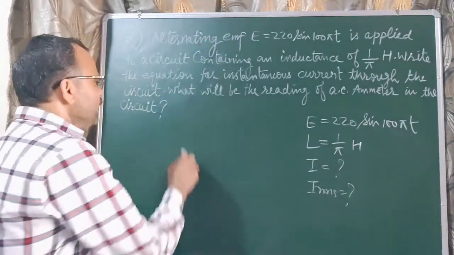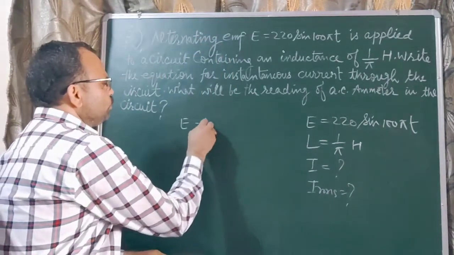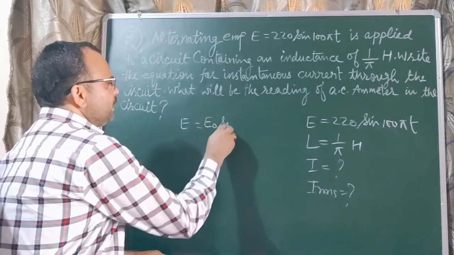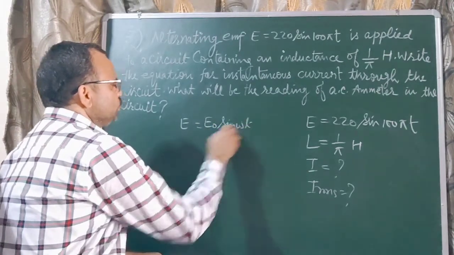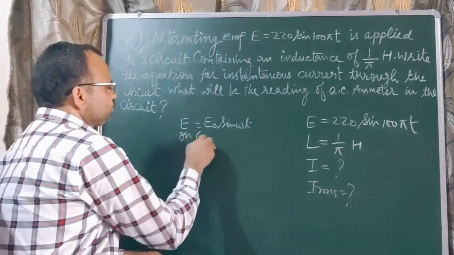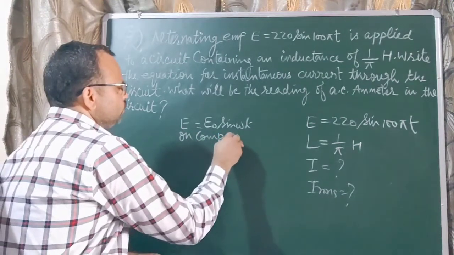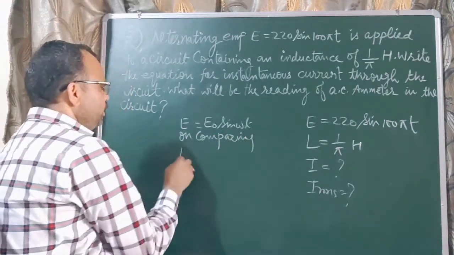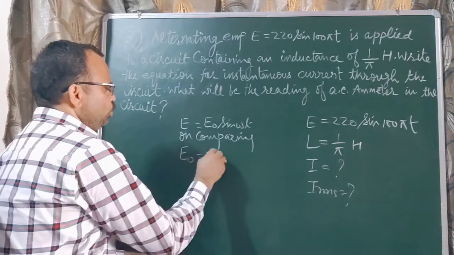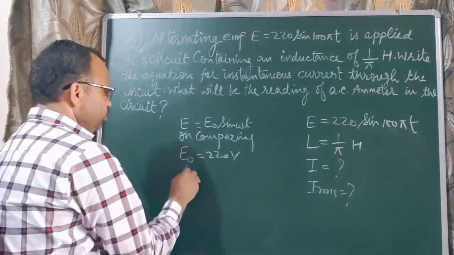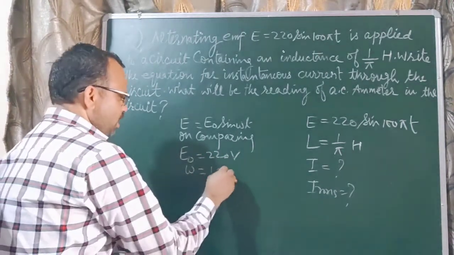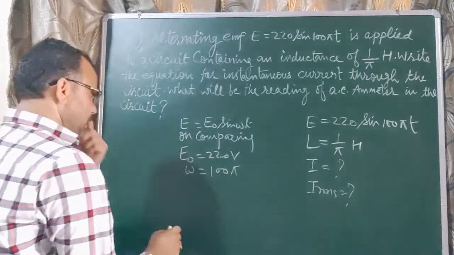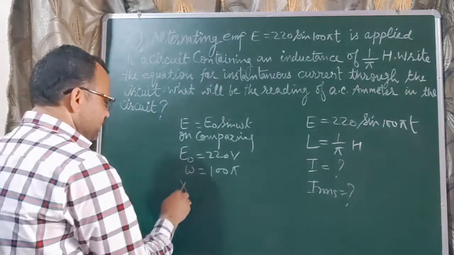As we know, E equal to E naught sin omega t. On comparing, E naught equal to 220 volt and omega equal to 100 pi. First we calculate the value of XL.